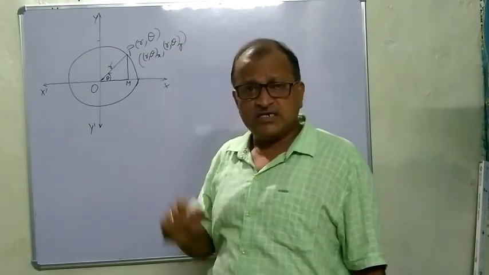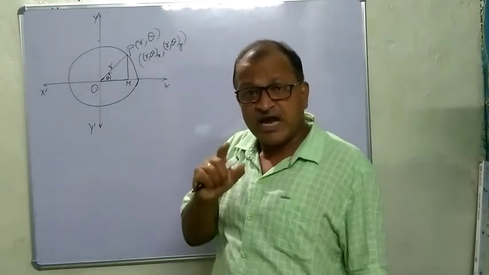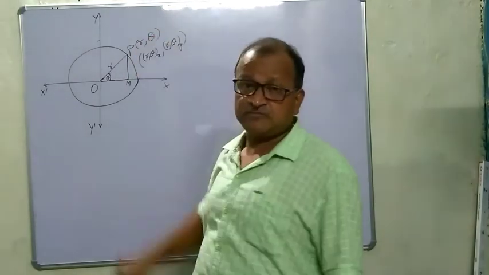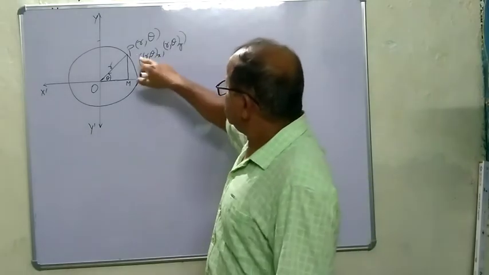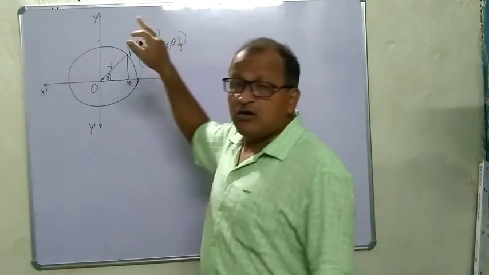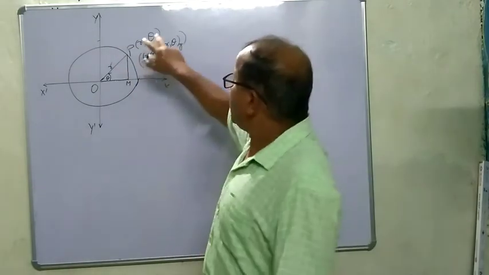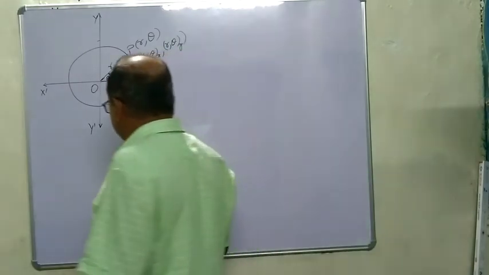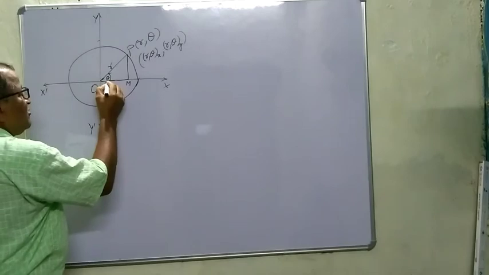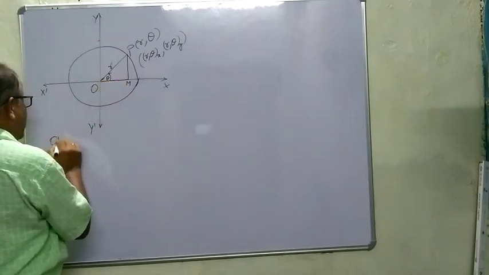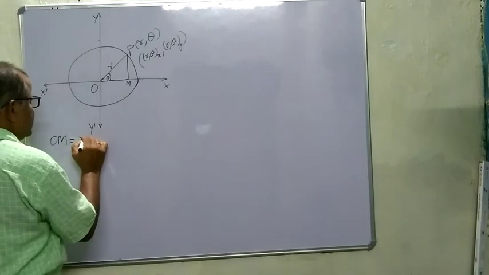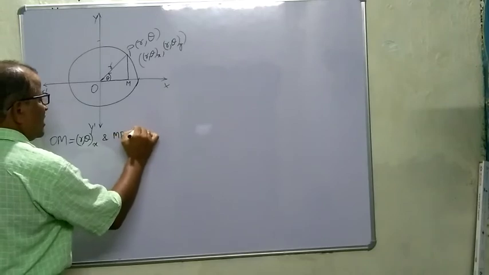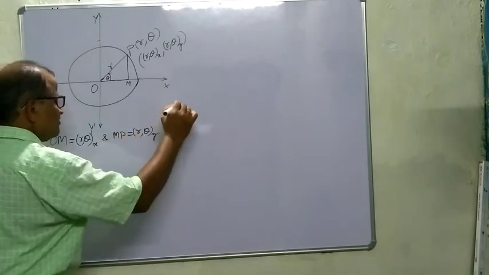It is the x coordinate of the point in the Cartesian coordinate system whose polar coordinates are r theta. And r theta y is the y coordinate of the point whose polar coordinates are r theta. So what will be r theta x? OM will be r theta x and MP will be r theta y.